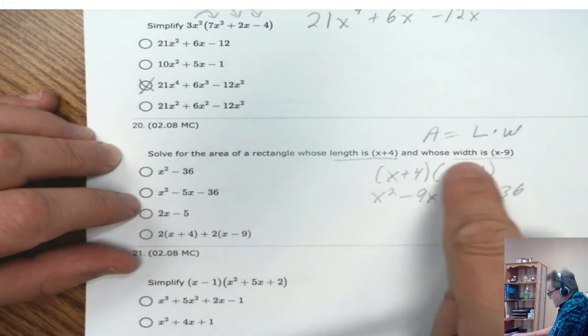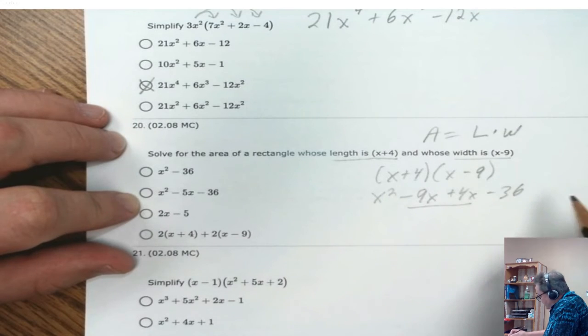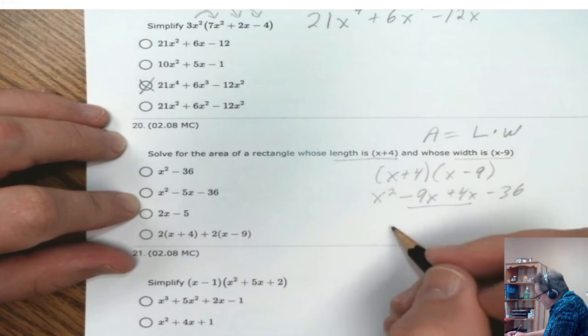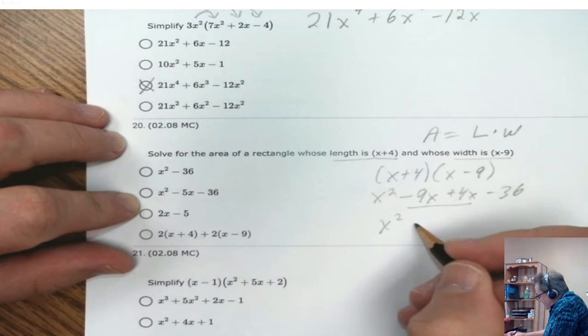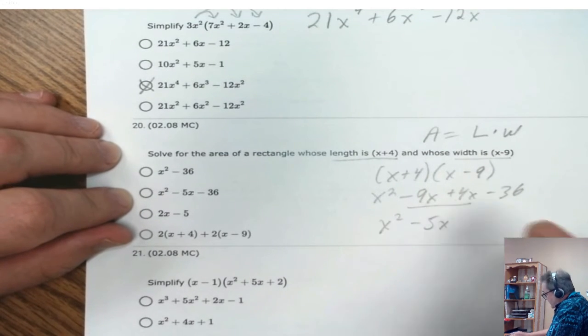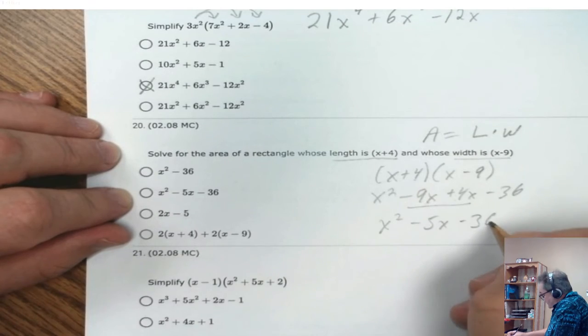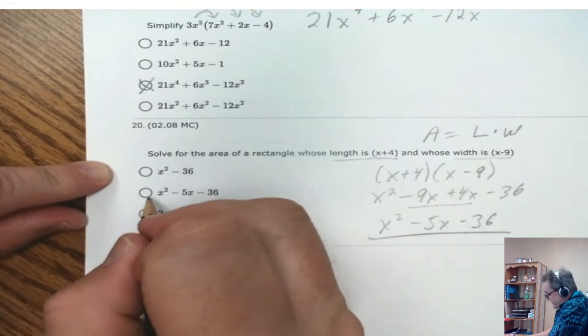Just distribute each, right? We can combine the like terms. X squared doesn't have a like term. It's the only x squared. We have a negative 9x and a positive 4x, so that sums out to be negative 5x. And then we have the negative 36 right there.